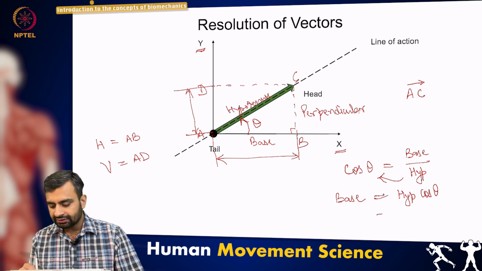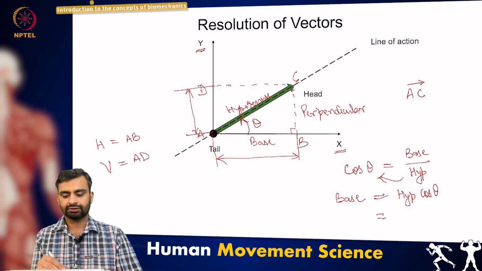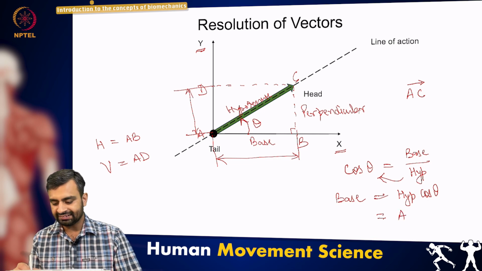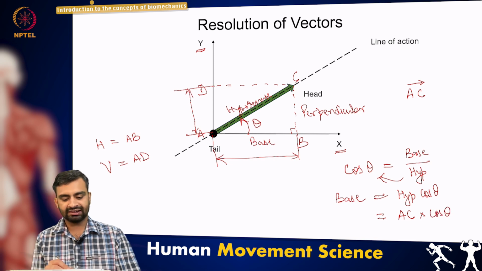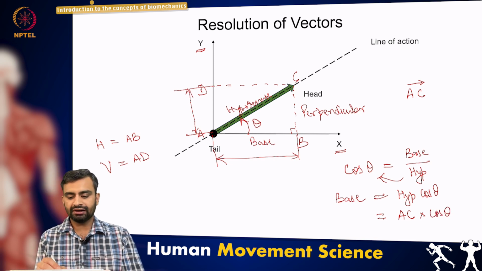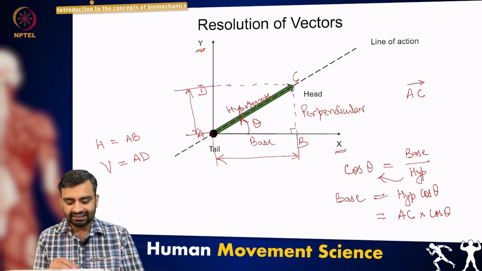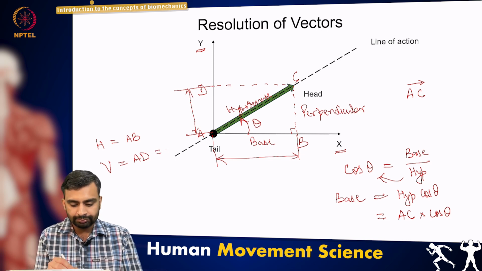So over here, the magnitude of the vector is AC times cos theta. Similarly, for the vertical component, AD is also equal to BC.